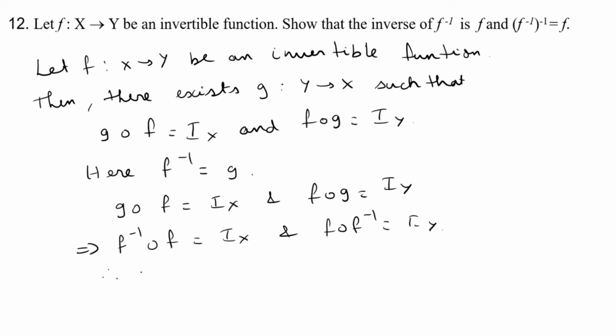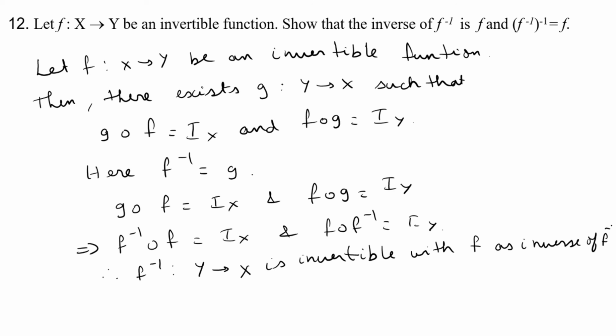So therefore, f inverse, which is a function from Y to X, is invertible with f as the inverse of f inverse. So from this we can see that the inverse of this function is f, from f inverse of f equal to Ix and f of f inverse equal to Iy.